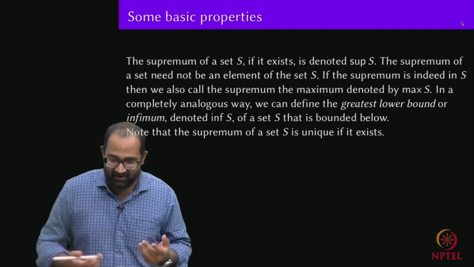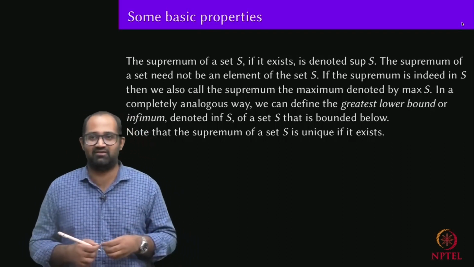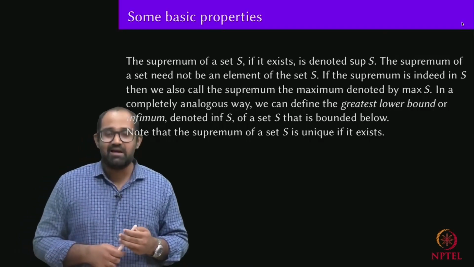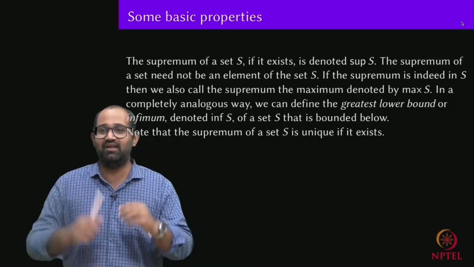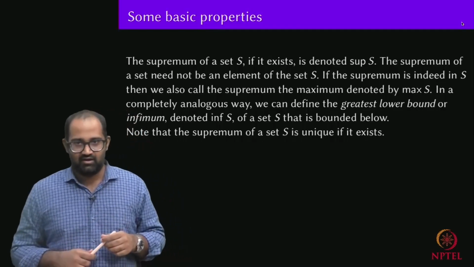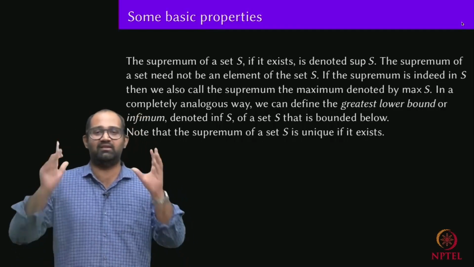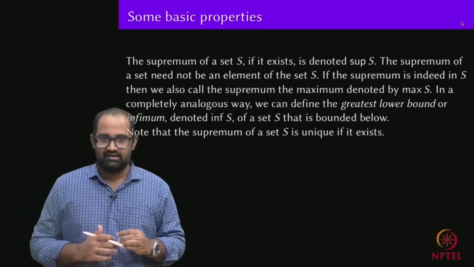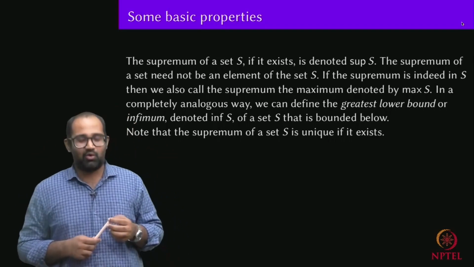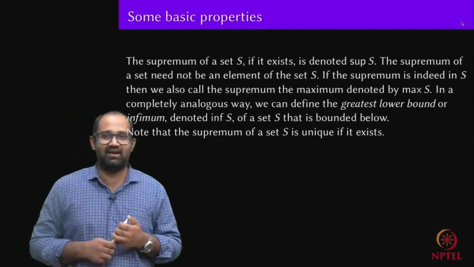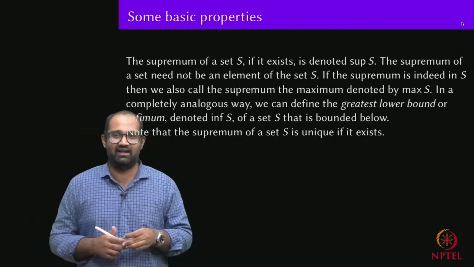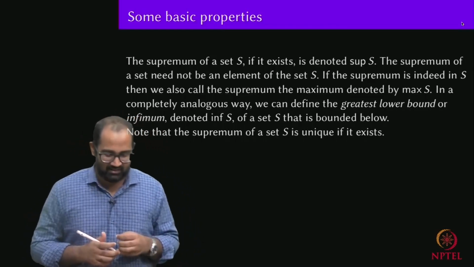In mathematics, to prove that there is only one of a thing, what we say is: assume that there are two things. Then we say that these two things are the same. So, to show that something is unique, you assume that there are two of them and say that both of them are the same. It is something that is really crazy and I really like in mathematics.